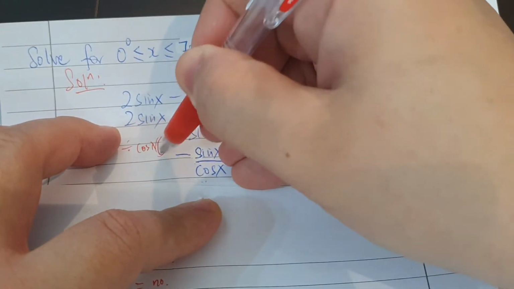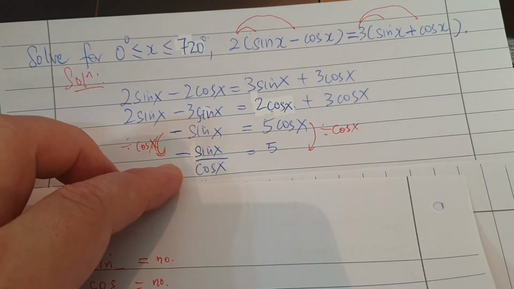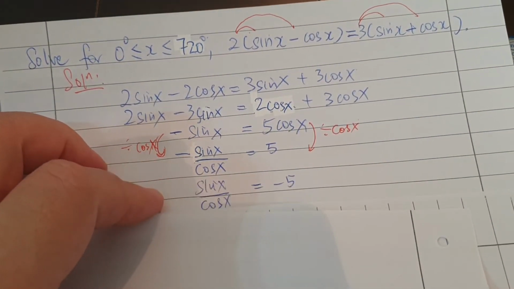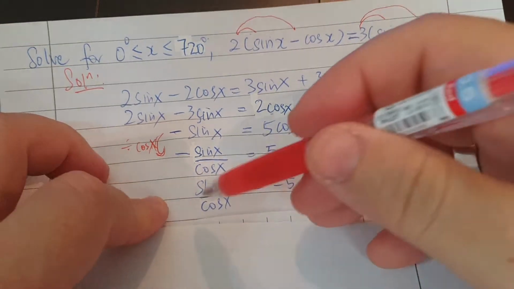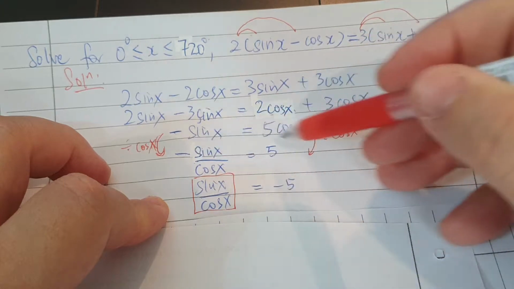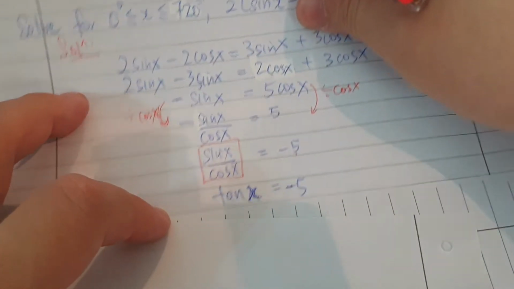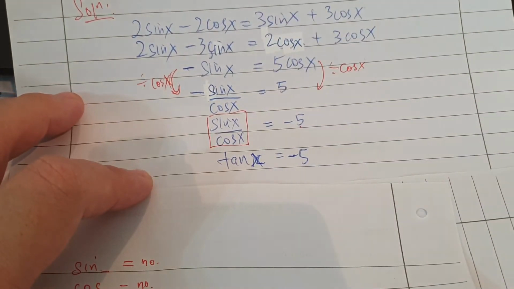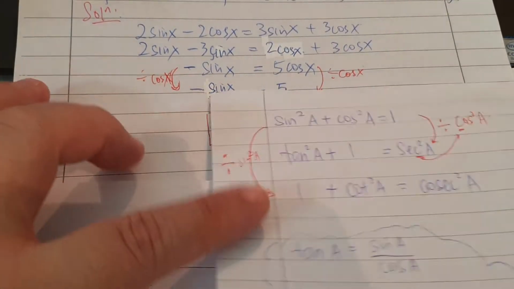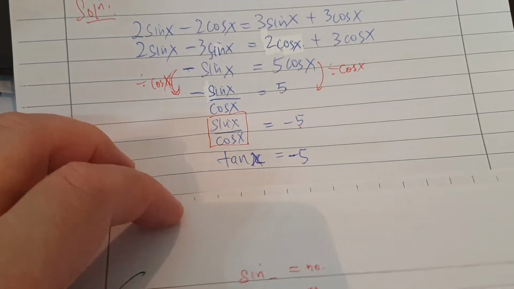Whatever you do on the left, do on the right, and you will get this. Is this what we want? Not exactly. We only want tangent, which is sine over cosine. We don't want the minus, so you multiply by minus both sides, you get this. And finally, we have the E done.